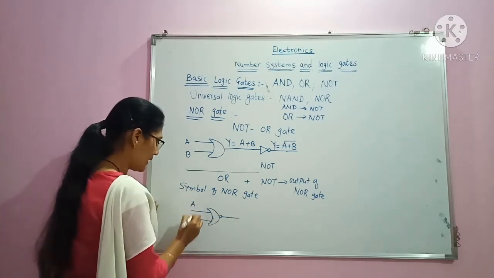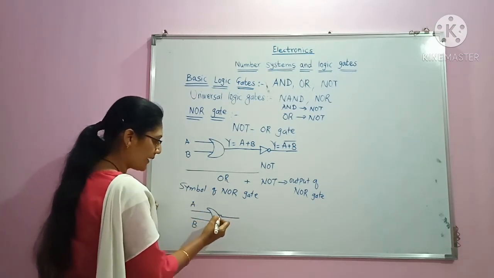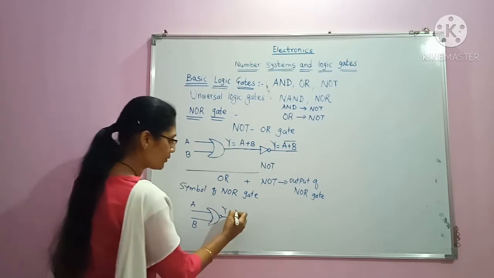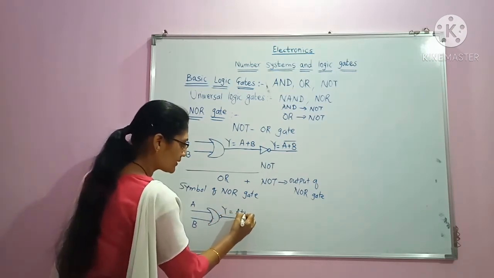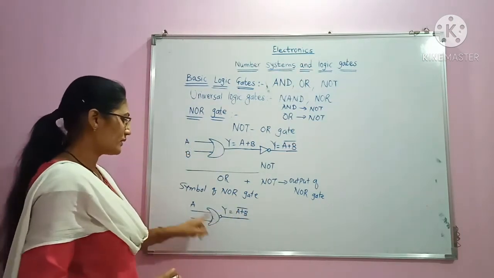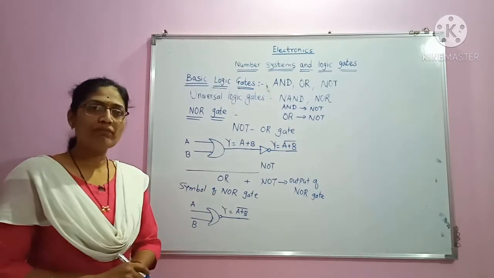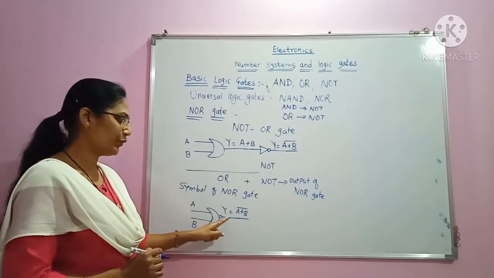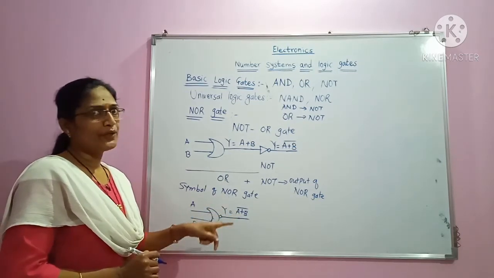So here is A, here is B, and now y is equal to A plus B, complement of A plus B. This is nothing but the representation of the NOR gate: addition of both inputs and complement of it.